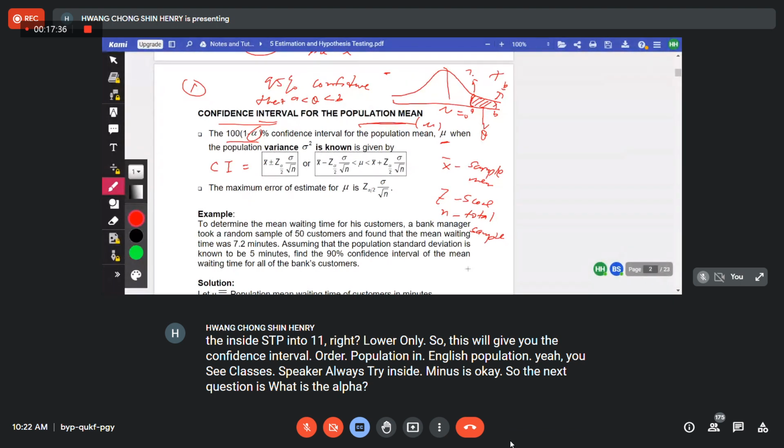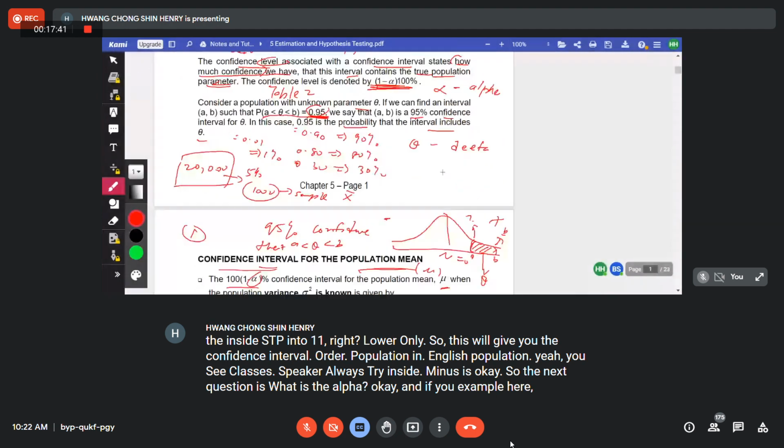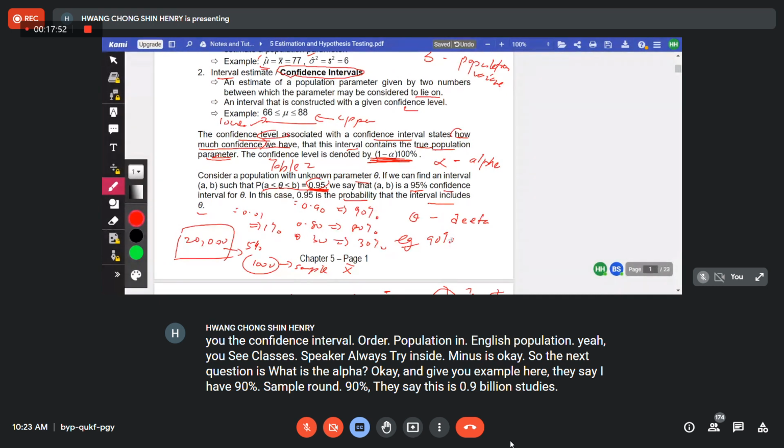How to find alpha? Okay, I give you an example here. Let's say I have 90%. Let's say this is 0.9. 0.9 means 90%. So what is my alpha?